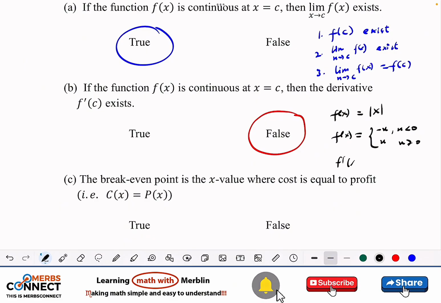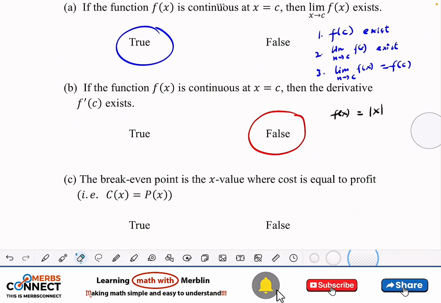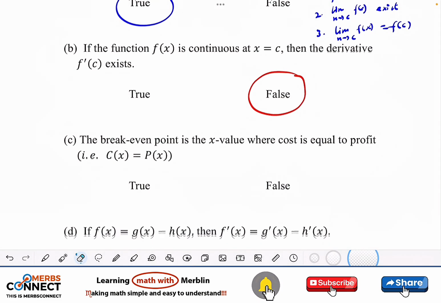So f prime for this is going to be -1 and 1, where x is less than 0 and x is greater than 0. So we see that the derivative is not continuous because the left is not the same as the right. The derivative of the function does not exist because this is not the same as this. So now we conclude that yes, this is indeed a false statement.